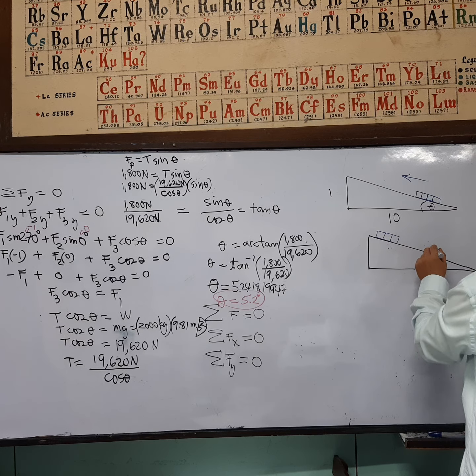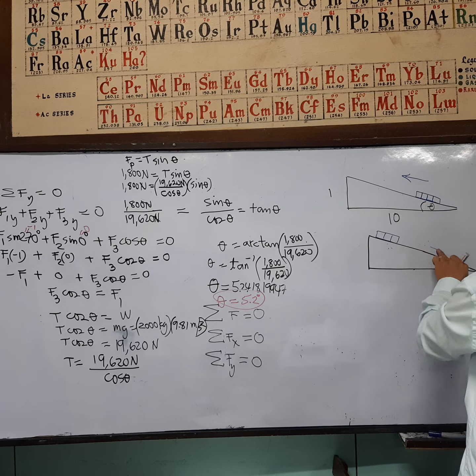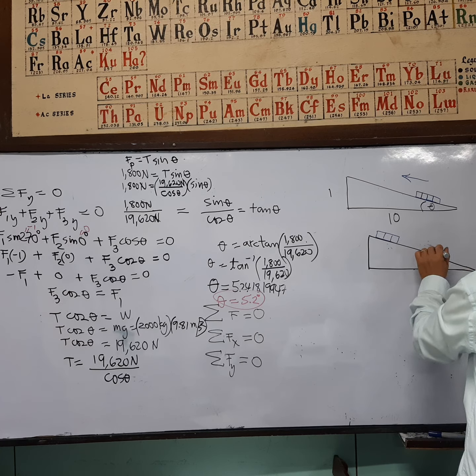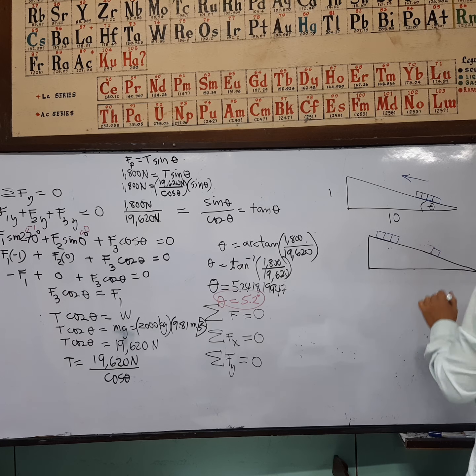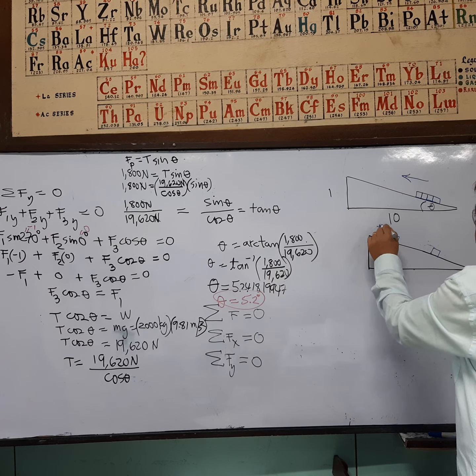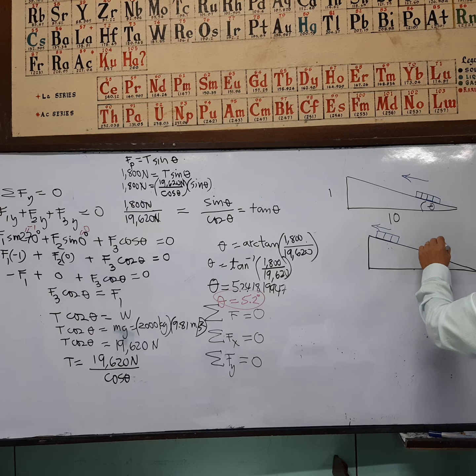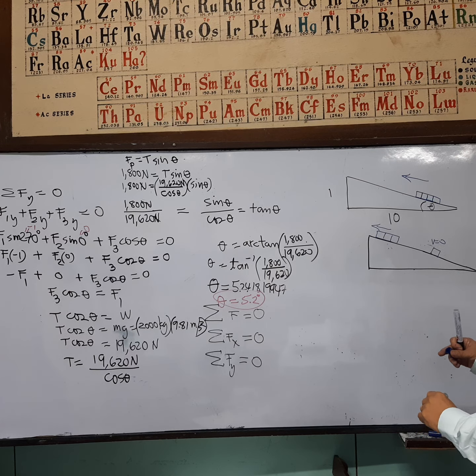The last car here. The uncoupled last car here. Okay? So, this will move and this will stop. Final speed equals 0.